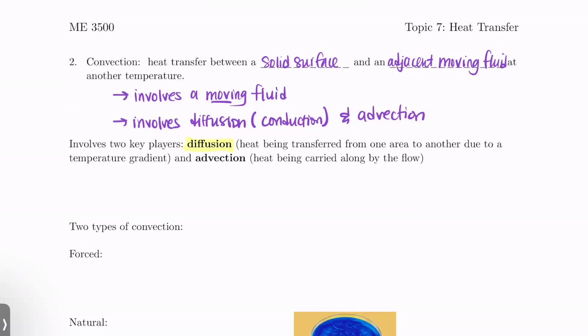Okay, so just to reiterate that, there's two key players in convection. Diffusion is heat being transferred from one area to another just because there's a temperature gradient and there's material there. And then there's also advection. This is essentially heat being carried along by the flow. Since the material is moving, the heat goes along with the material. All right. So an example of the type of problem that we'll look at when we're talking about convection is, for example, having a warm plate at some temperature Ts.